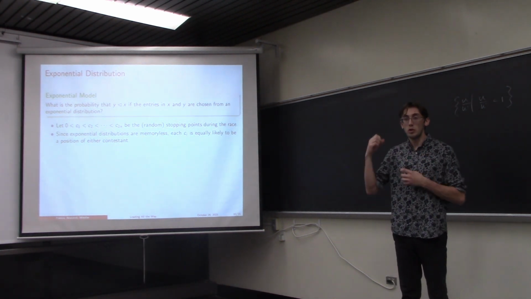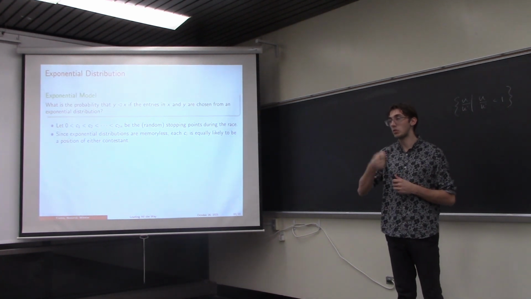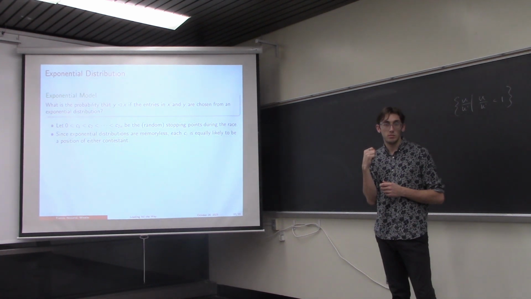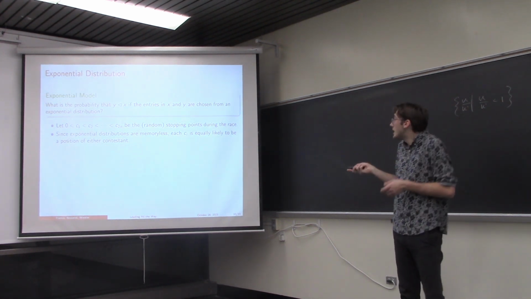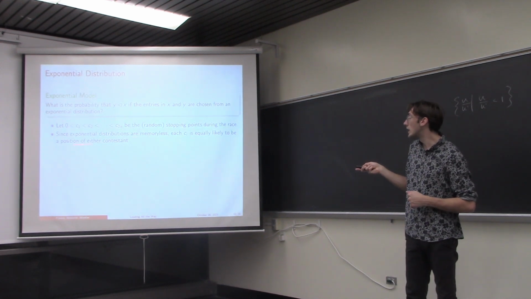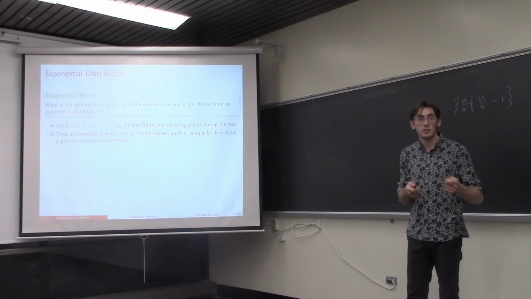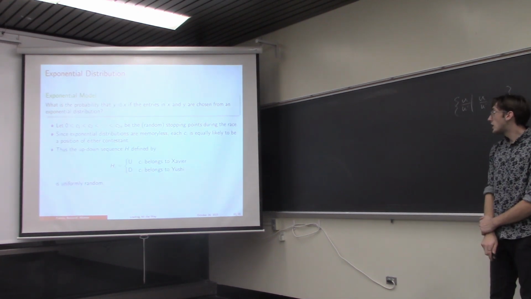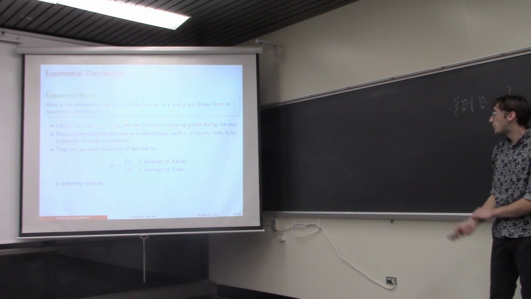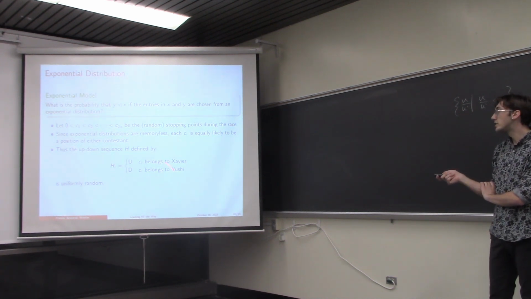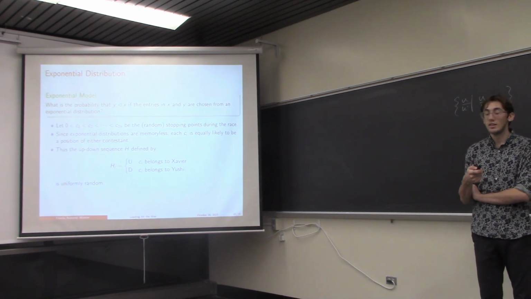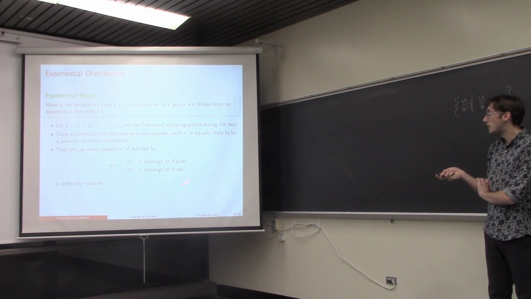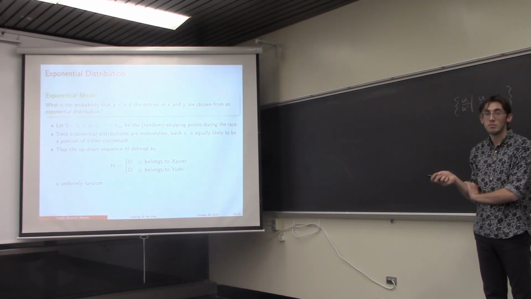It means that when you're waiting for an exponential clock to go off, it doesn't care how long it's been since the last ring. So each of these CIs is equally likely to be a position of either contestant X or Y. So this is strange. Then we can take the up-down sequence H, defined to be U if CI belongs to Xavier, and D if CI belongs to Yushi. And we're back to up-down sequences. And because of this memorylessness, this up-down sequence is uniformly random.